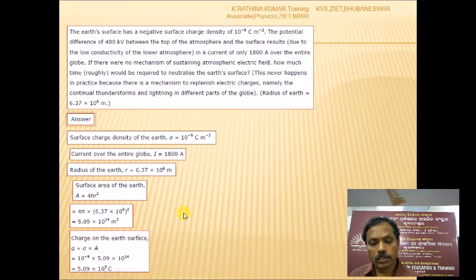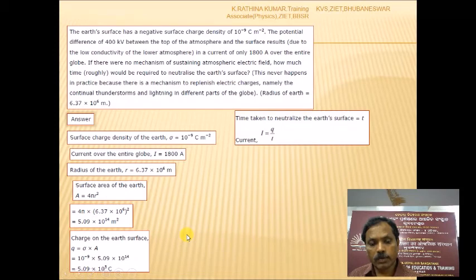So the charge on the surface, Q, is equal to sigma into A, where sigma is the charge density. Substituting 10 power minus 9 and 5.09 into 10 power 14, you get 5.09 into 10 power 5 coulomb.